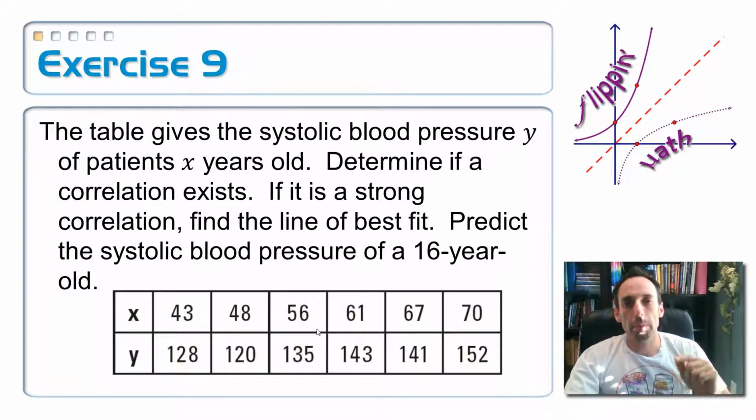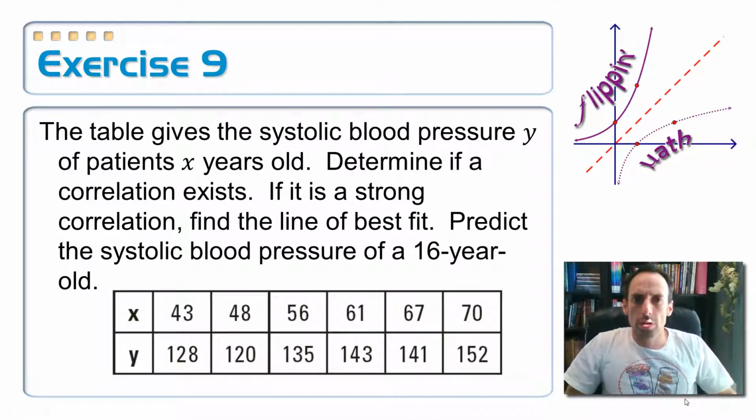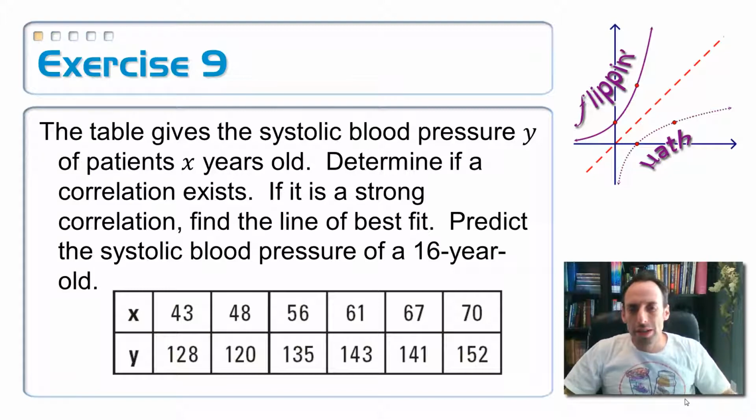Predict the systolic blood pressure of a 16-year-old. So put this data in your calculator, do a scatter plot. Does it have a correlation? Okay, find the line of best fit, and once you do, plug 16 in there, and let's see what your prediction is.